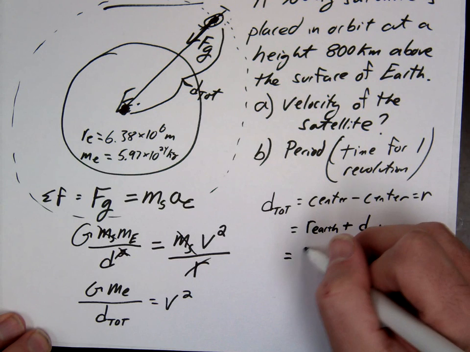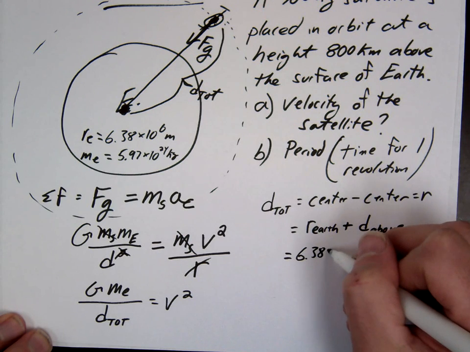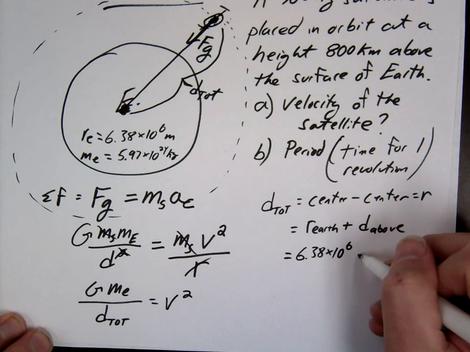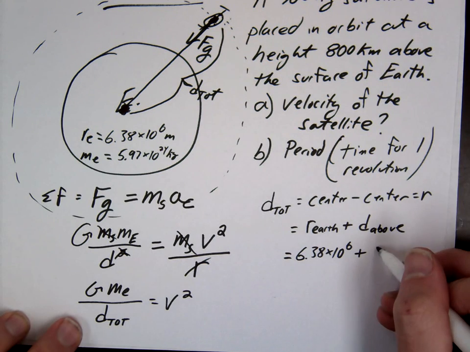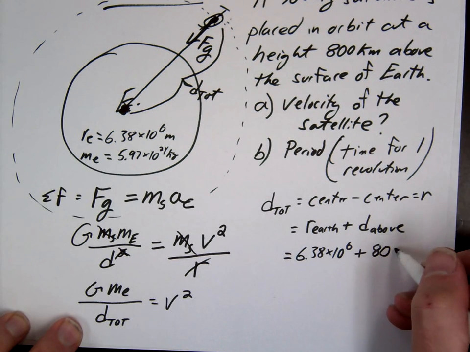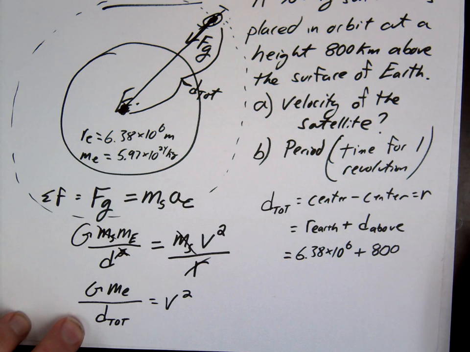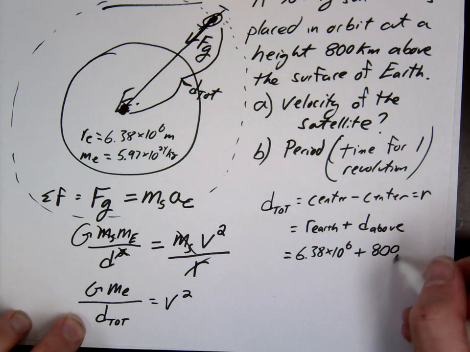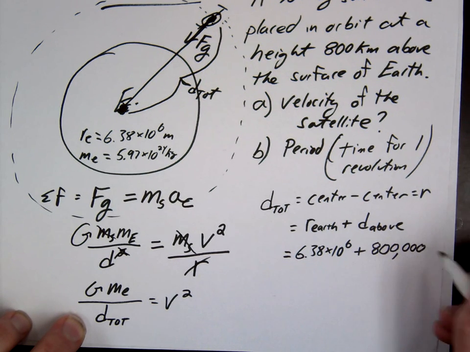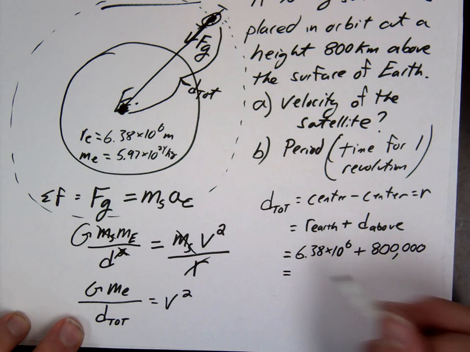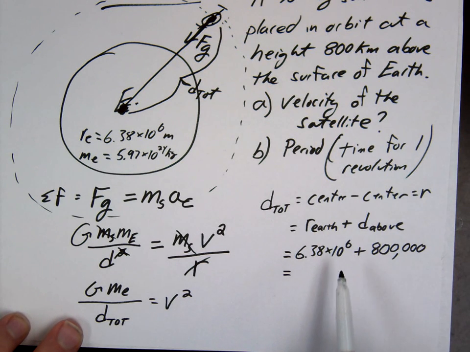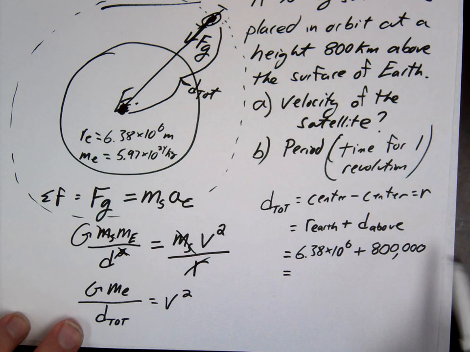So the radius of the Earth is 6.38 times 10 to the 6th. The distance above, you do have to convert this, 800 kilometers. Kilo is 1,000, so 800,000. So 6.38 times 10 to the 6 plus the 800,000 meters additional that we are above.